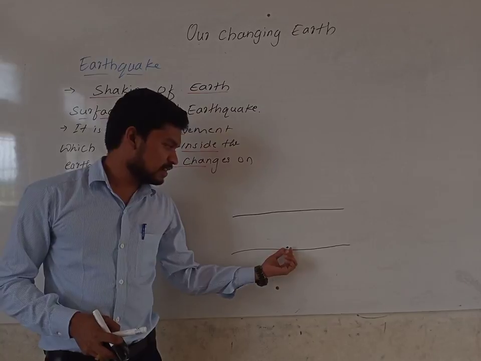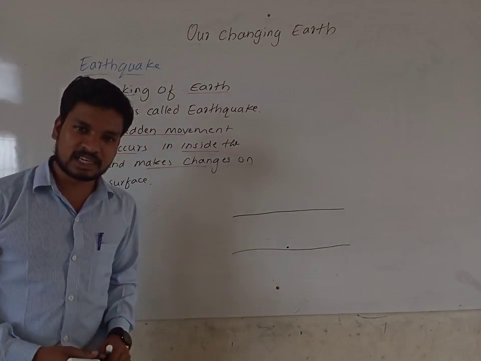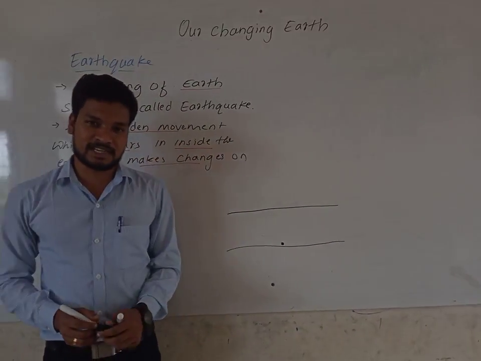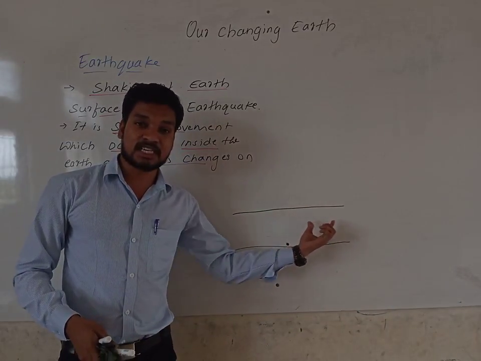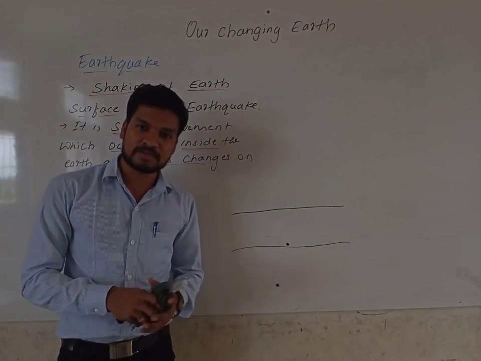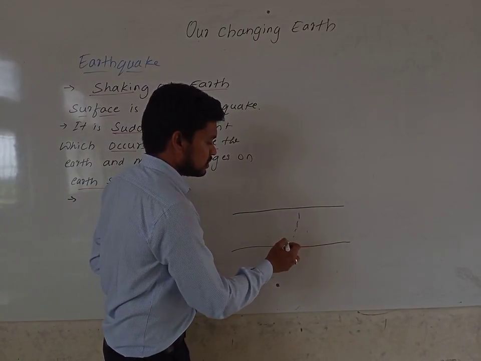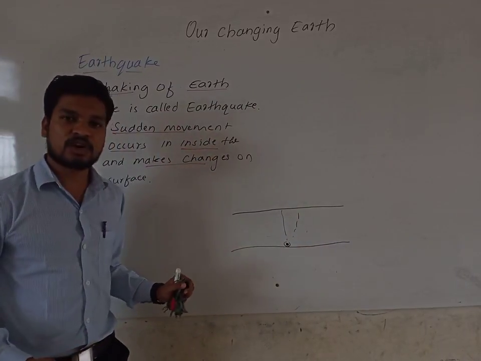This energy will make waves, and those waves travel in all directions. So this point that creates the shaking starts from a single point, and from there the waves move upwards. This point is called the focus.